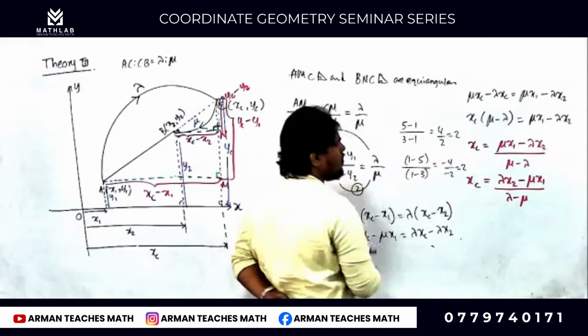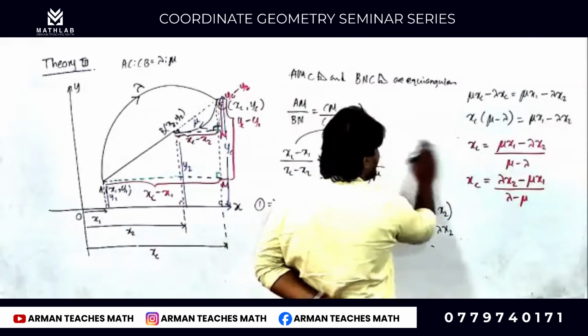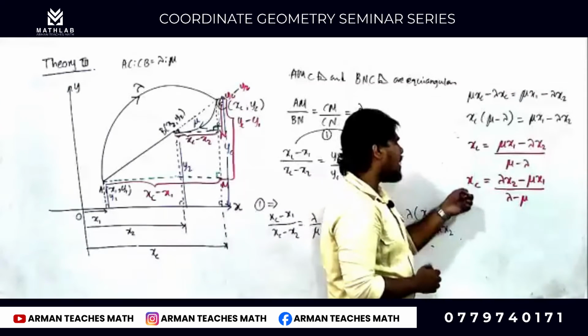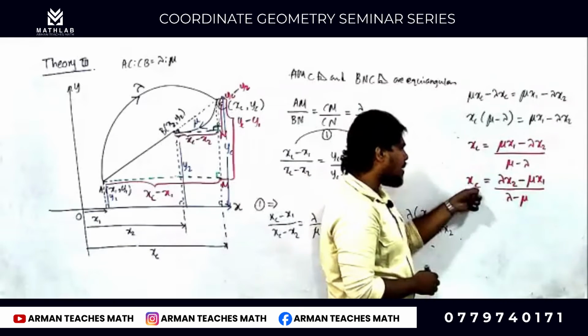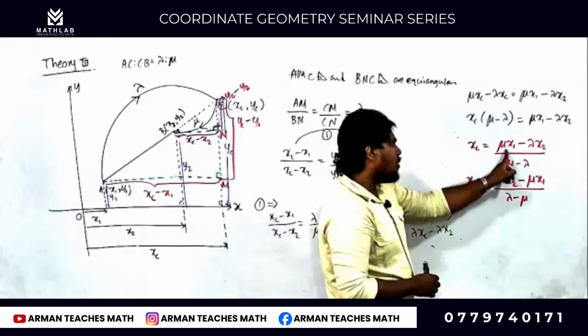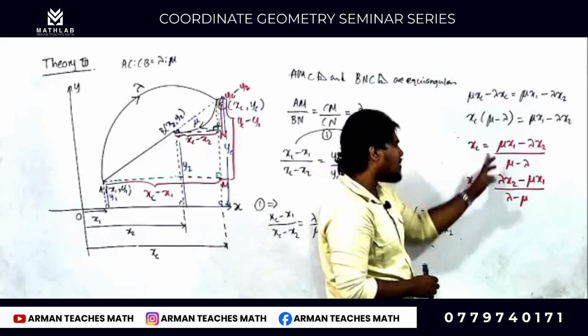Answer is 2. So I got the ratio like this, but I wanted the pattern to be like this. There's a reason: in this way, we can easily remember the pattern. From numerator and denominator, both, I have taken a minus sign outside, and the minus sign cancels out.